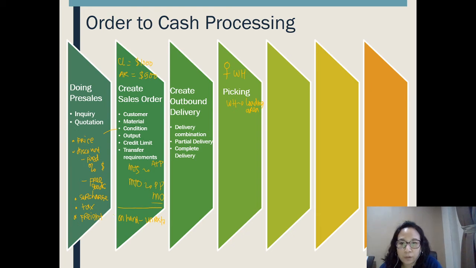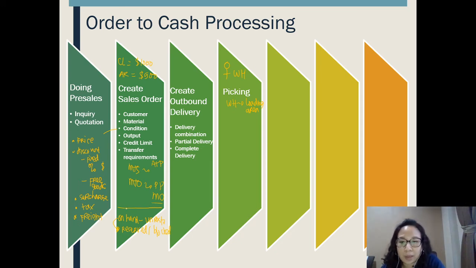By the time we confirm the sales order, the stock goes to the reserve area, or block. Some systems say reserve, some systems say block stock. But when we look at the total inventory, the quantity is not yet changed. The difference is only that it moves from on hand into reserve.